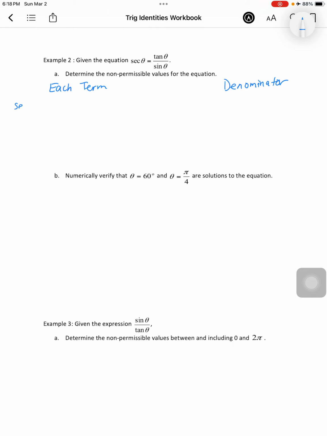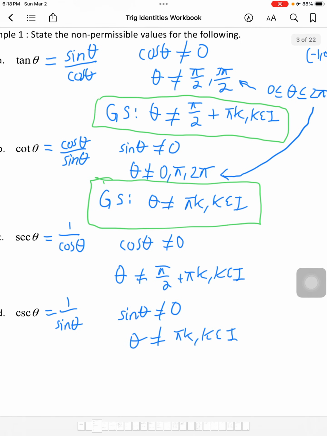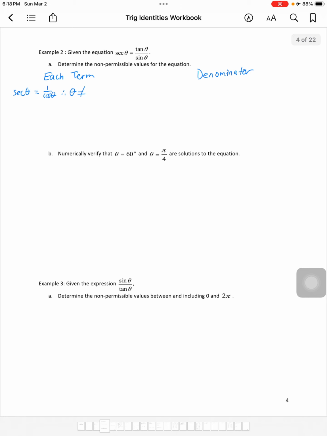So secant theta is the same thing as 1 over cos theta, right? And we know for cos theta, theta cannot be equal to pi over 2 plus pi k.